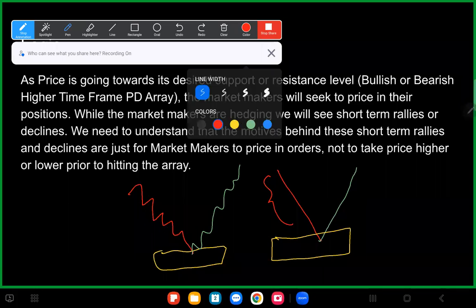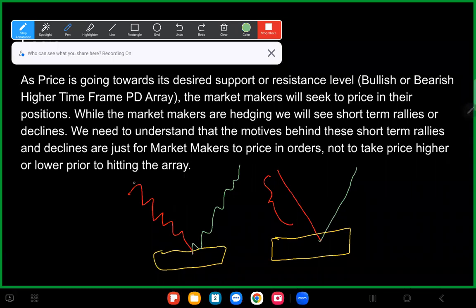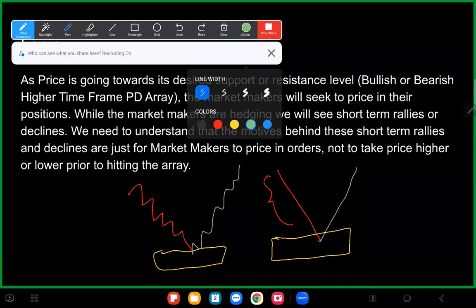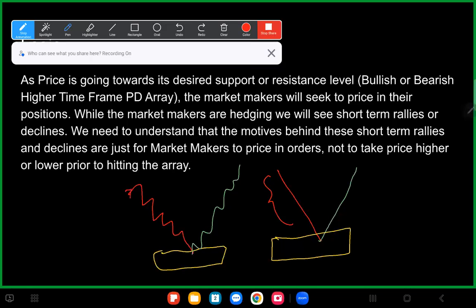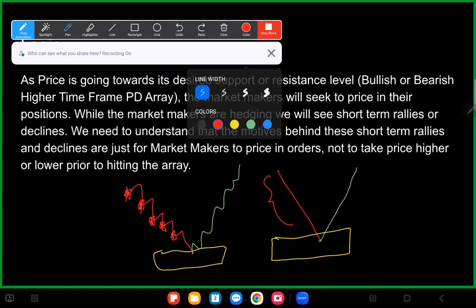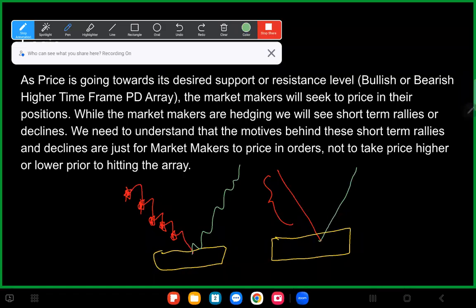And while we're going towards that array, we're going to be putting in these bearish order blocks right here, right here, right here, and right here, and also right here. And we also see these minor short-term rallies to go higher, right? Price goes higher even when we're on the sell side of the curve.